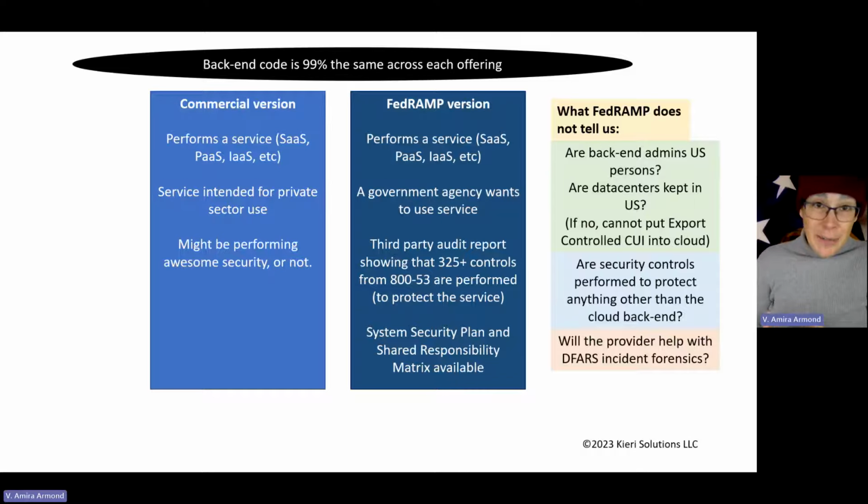So the government whined. They said, hey, I want to use that cool cloud stuff, right? I want to stop installing everything on premises. The private sector is doing cool stuff and we're not allowed to.